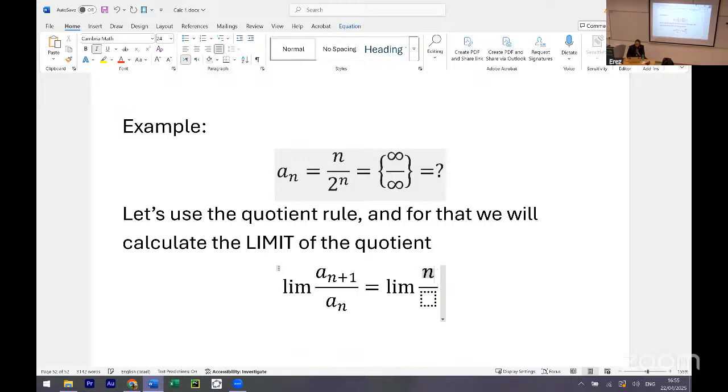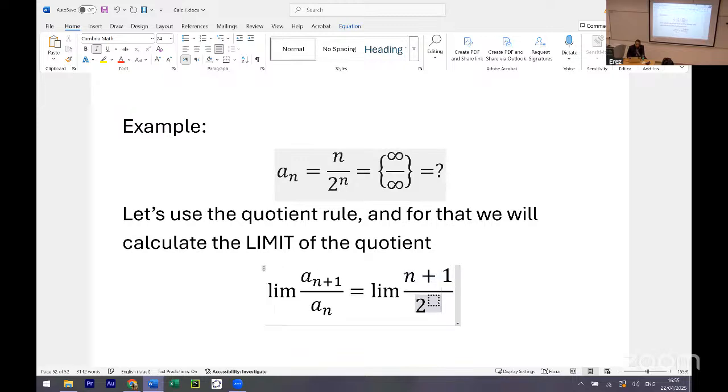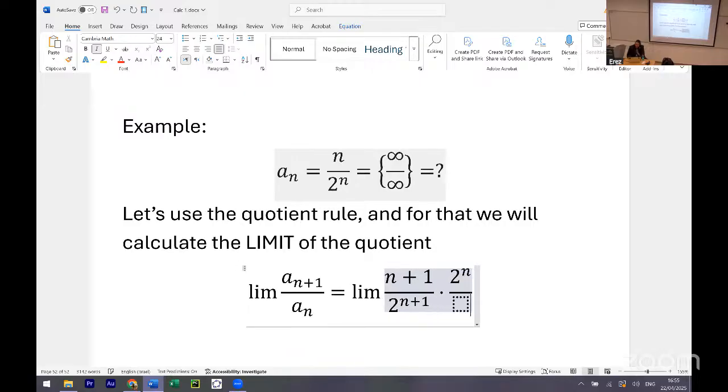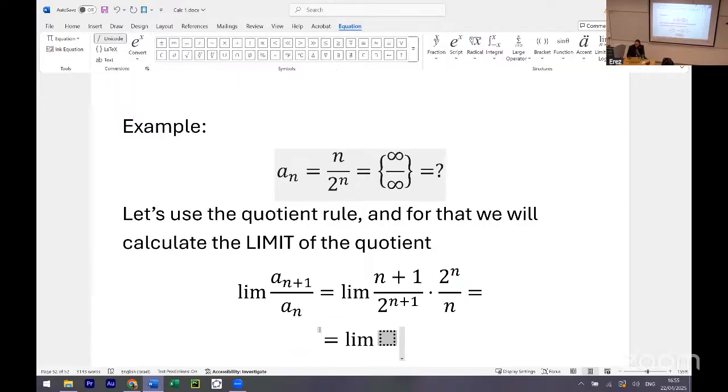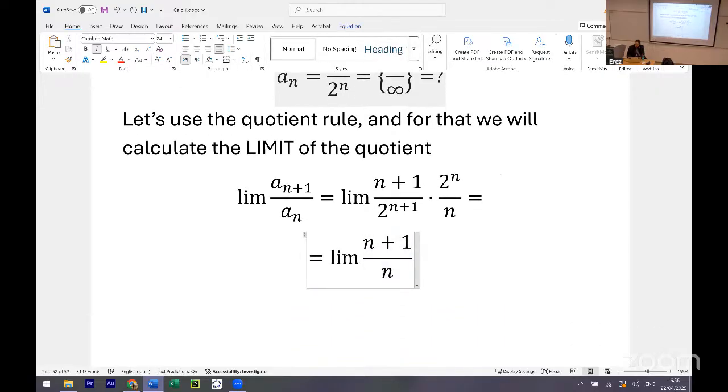So it's (n+1) over 2 to the power of n+1, times 2 to the power of n over n. Agreed so far? That equals (n+1) over n times half.